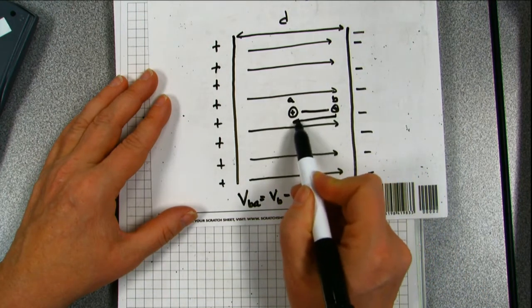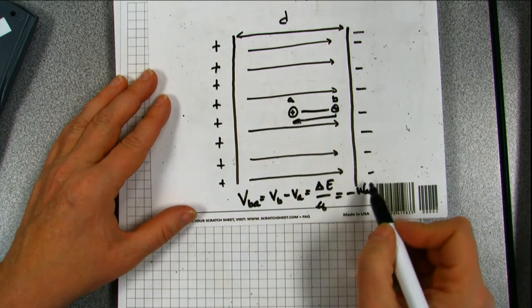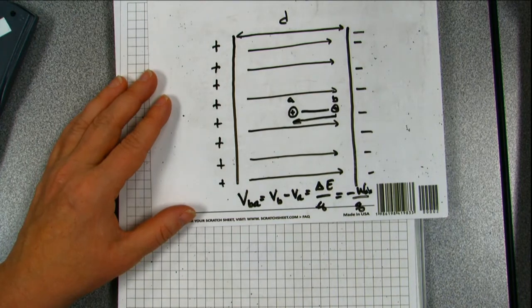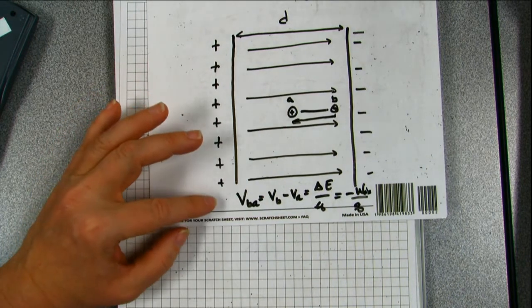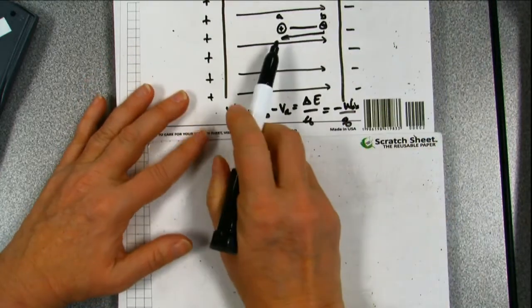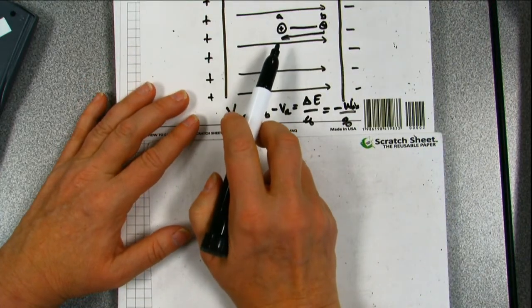This is moving it back that way. W_AB divided by Q. So we get this change in potential, and you guys actually measure, because potential is easy to measure.